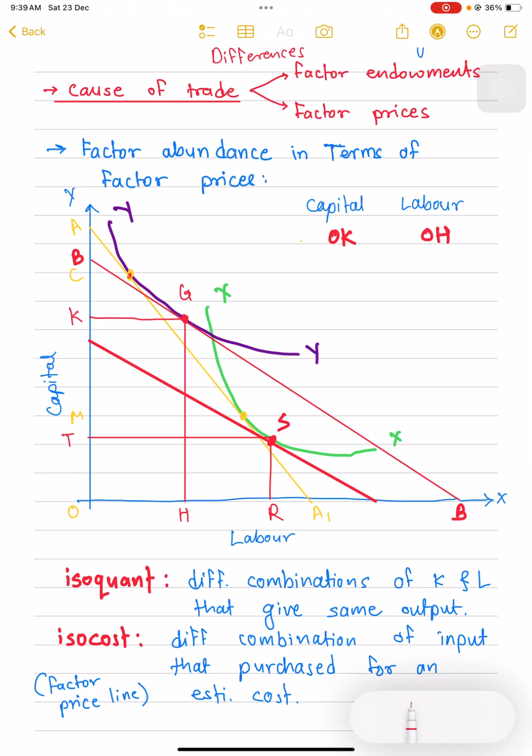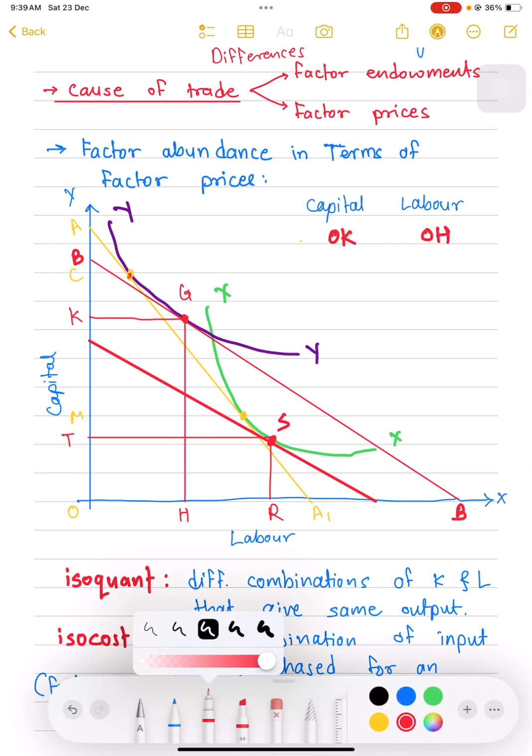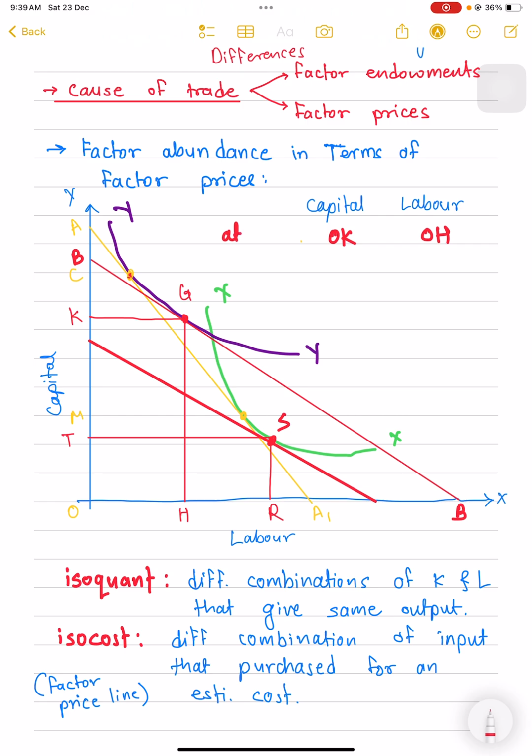At point G, it requires OK amount of capital and OH amount of labor. At point S, it requires OT amount of capital and OR amount of labor.